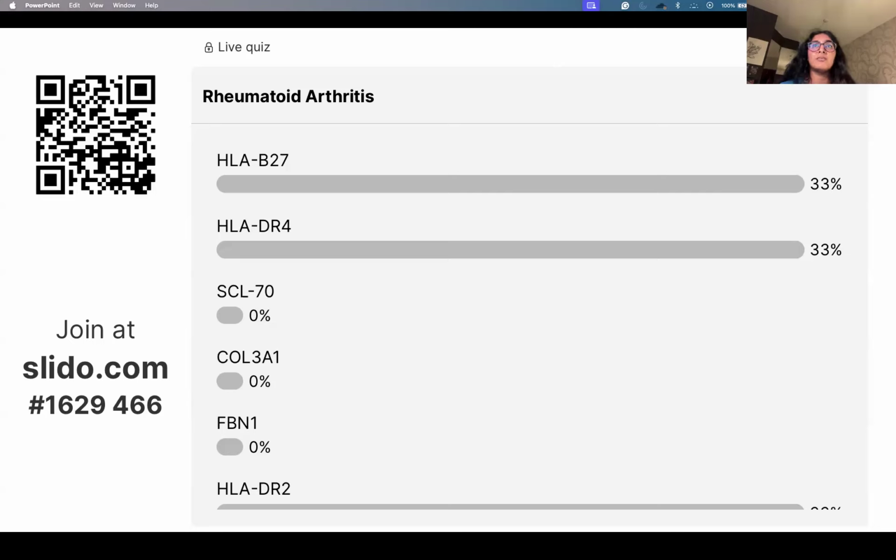Seronegative would be all of the HLA B27 positives, so rheumatoid does not fall under that. It's actually DR4. DR2 is associated with a different one we'll talk about in a bit, but DR4 is the one you're thinking of for rheumatoid. Also think about the difference between these genetic markers and serology markers. Anti-CCP and rheumatoid factor aren't genes, those are markers that are in your blood. So DR4 for rheumatoid.